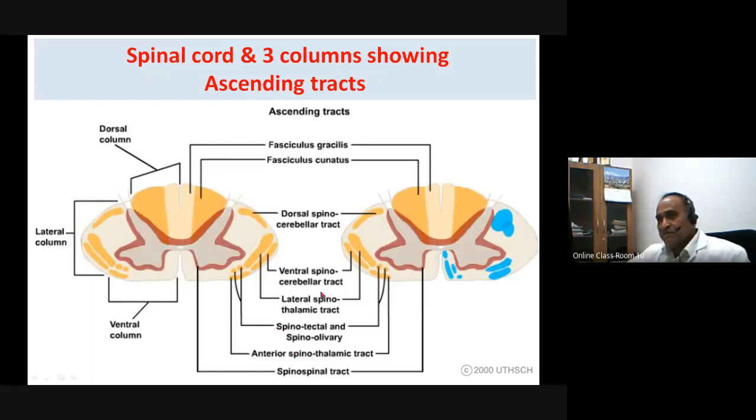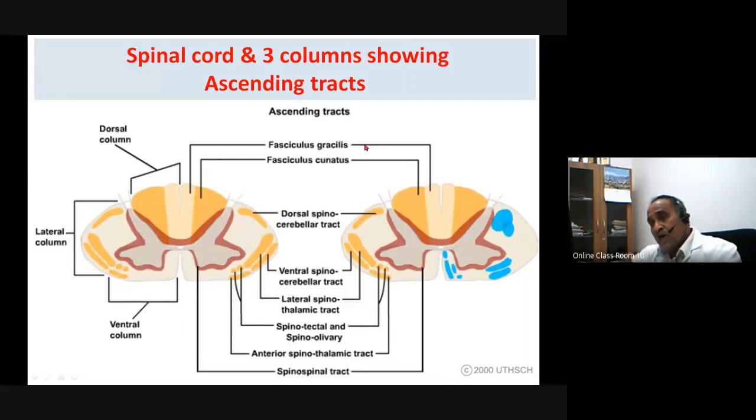So these are basically all the ascending tracts: the fasciculus gracilis, fasciculus cuneatus, dorsal spinocerebellar, ventral spinocerebellar, the lateral spinothalamic tract, the ventral spinothalamic tract. Then we have the spinotectal and spino-olivary.